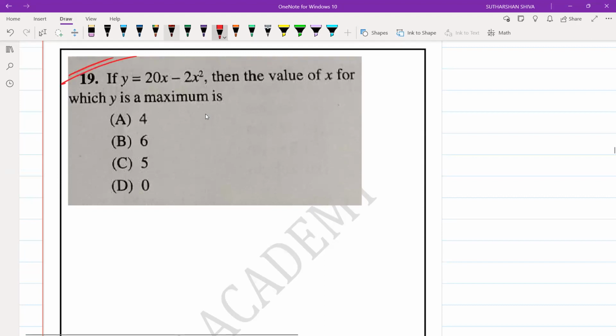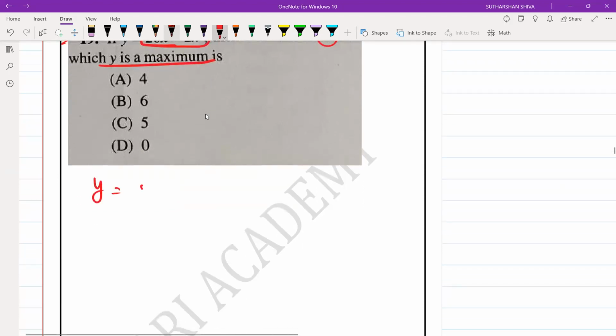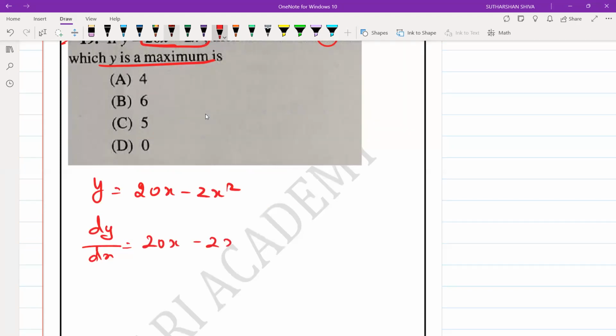19th question. Most important question regarding maxima minima. If y is equal to 20x minus 2x square, what is the value of x for which y is maximum? First, write y is equal to 20x minus 2x square. Now you need to find dy by dx. If you differentiate 20x, it becomes 20, and 2x square becomes 4x.